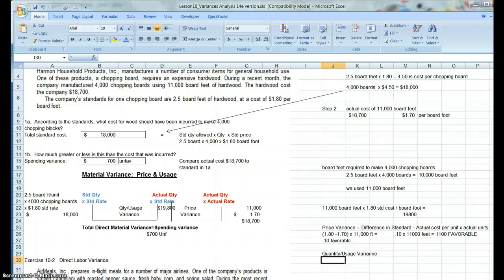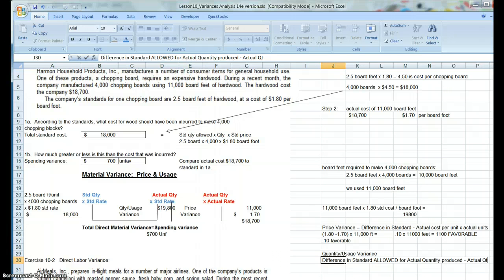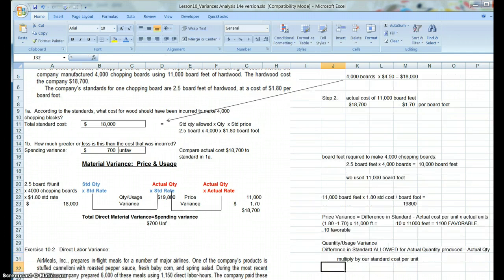So when you're calculating the usage variance, you want to isolate on the difference in the standard allowed for actual quantity produced, which is the number of chopping boards, the final unit, minus your actual quantity. Then we take that difference and multiply it by our standard cost per unit, so that would be my board.